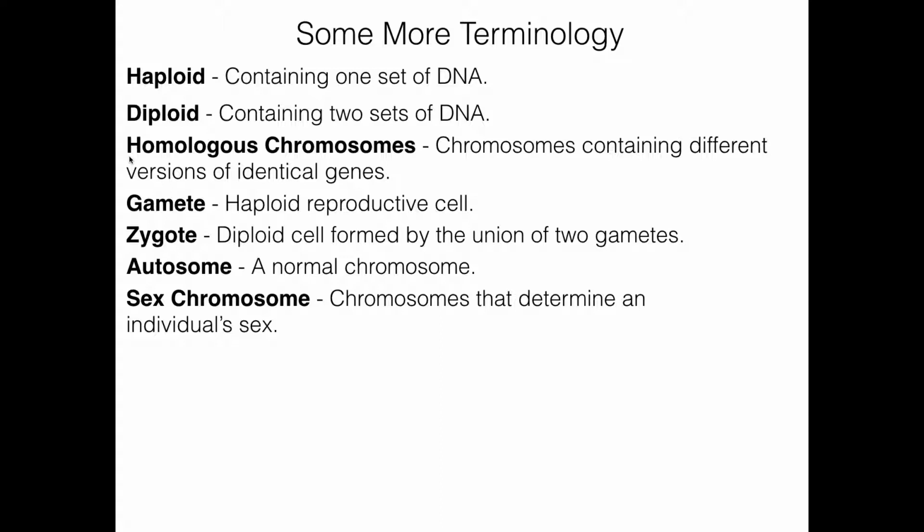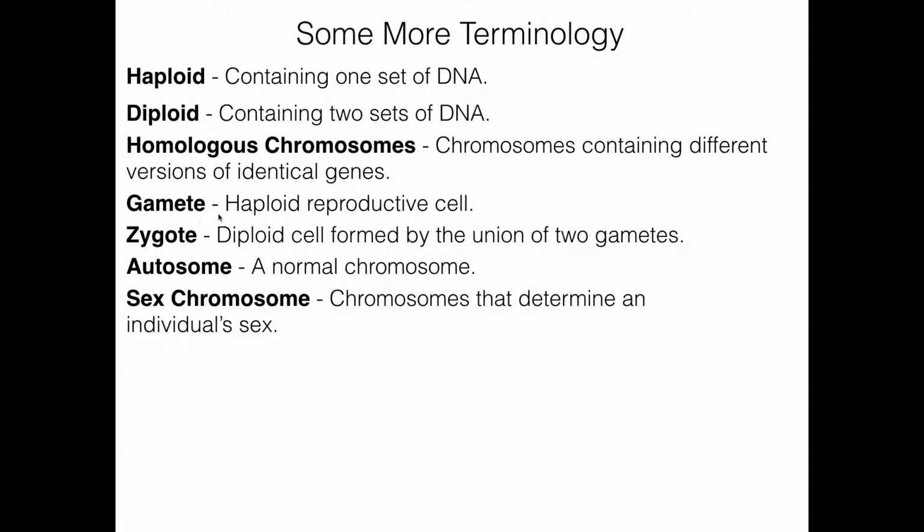However, that first chromosome might have genes for blonde hair, green eyes, and a wide nose, whereas the second chromosome might have genes for brown hair, blue eyes, and a narrow nose. So the genes are the same, but the version, the specific type of that gene, what's called an allele of that gene, may be different.